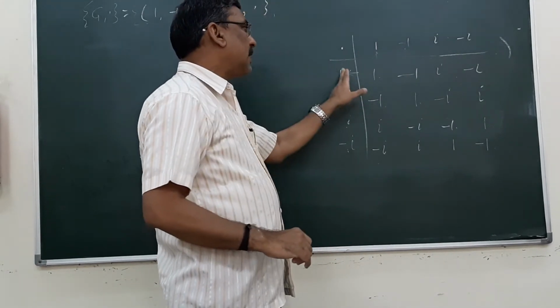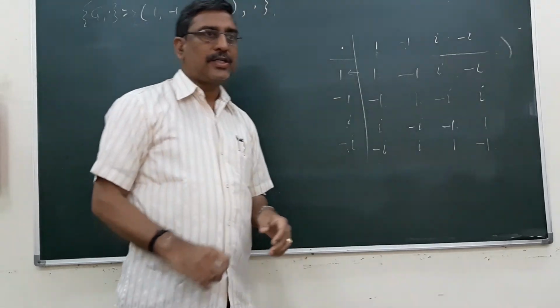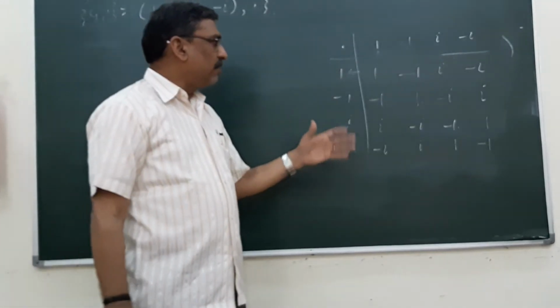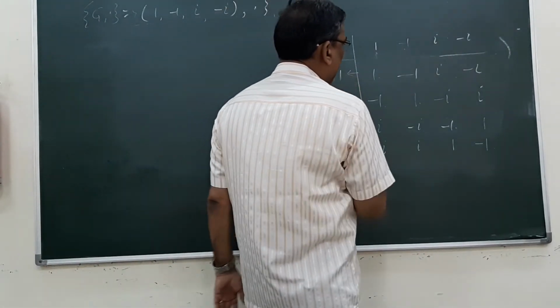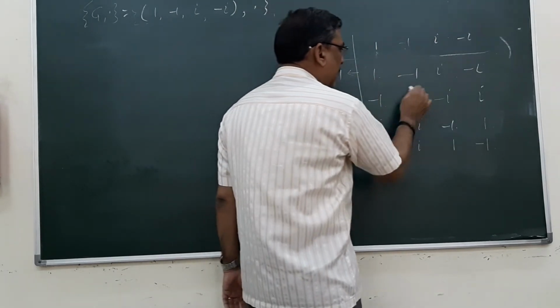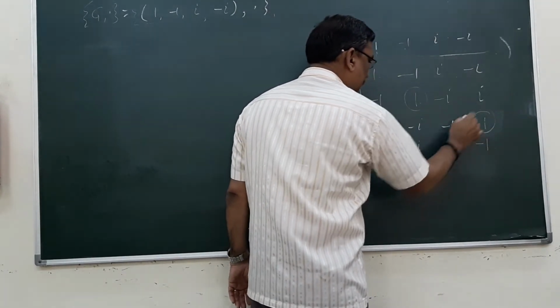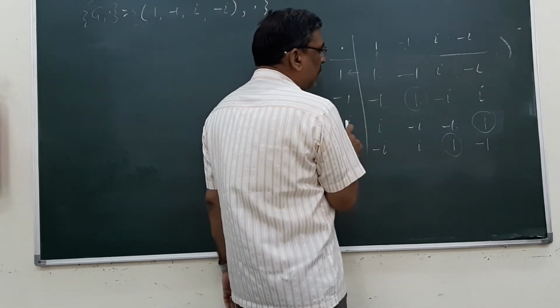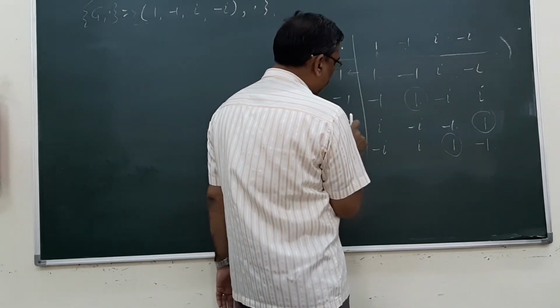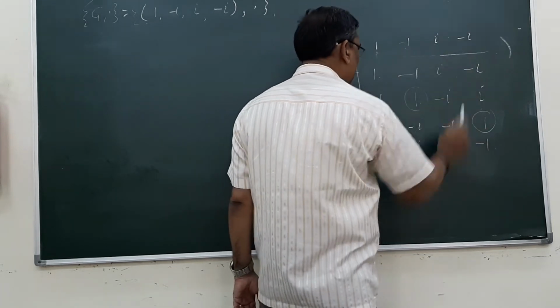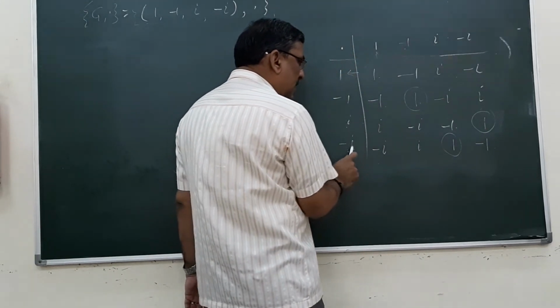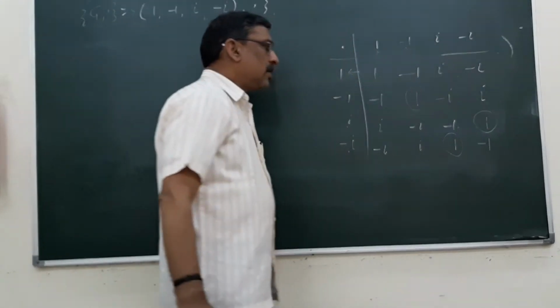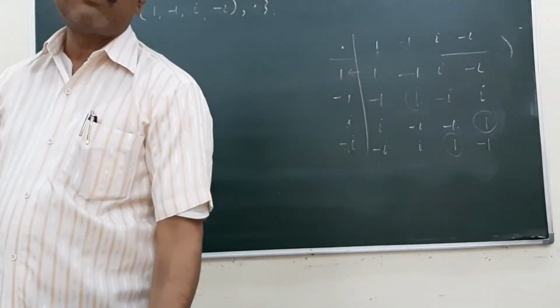Left and right identity are both equal, so identity exists. And for inverse, since one is the identity element, in each row there exists an identity element, so we can find the inverse. For example, the inverse of iota is minus iota and the inverse of minus iota is iota. So we can find the inverse as well.